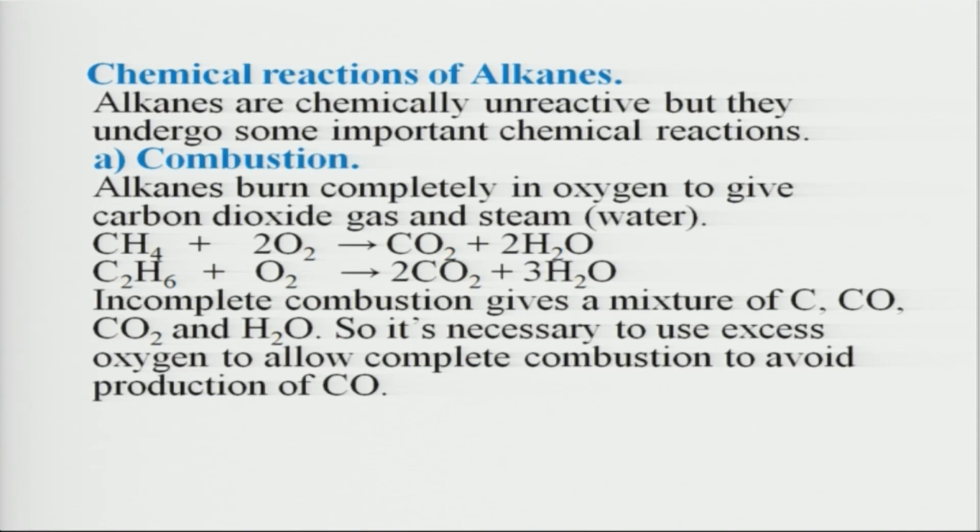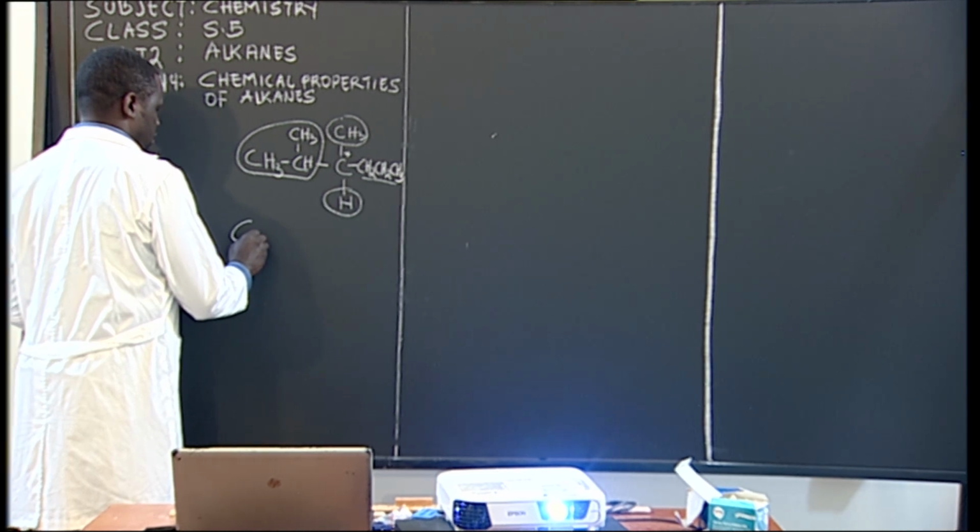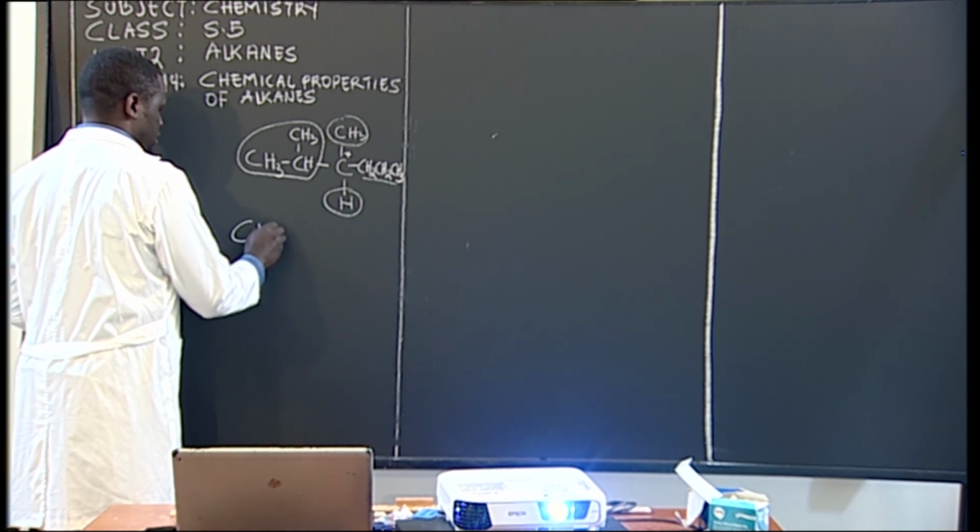So as we have seen, as the alkanes burn in oxygen, they will produce carbon dioxide and water. In addition to that, we shall have energy. Like for example, we have our alkane, C5H12.